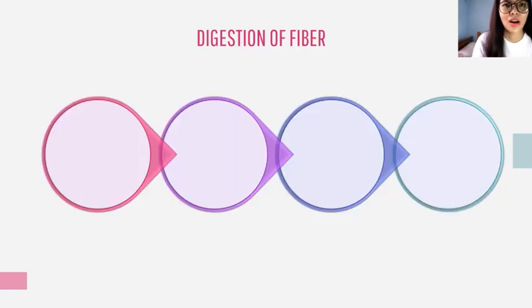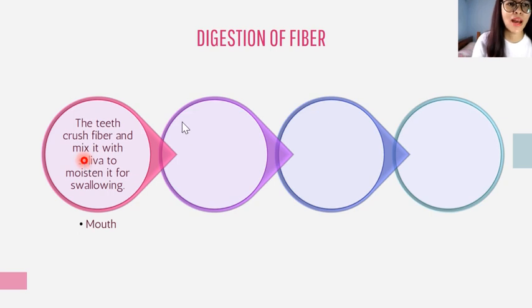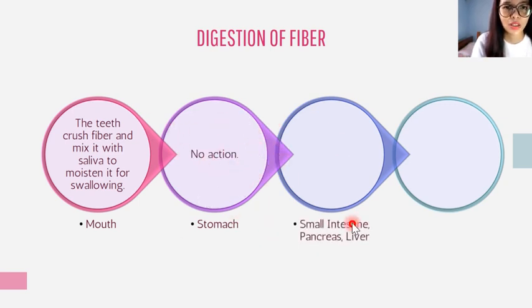And then for the digestion of fiber, what will happen in the mouth? In the mouth, the teeth crush fiber and mix it with saliva to moisten it for swallowing. And then in the stomach, nothing happens here, no action at all.